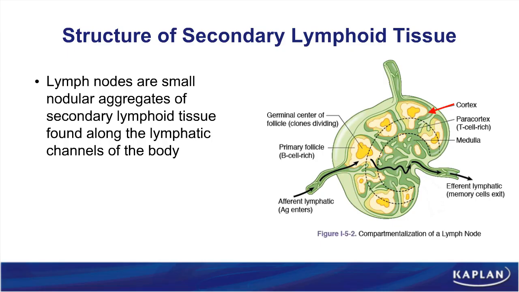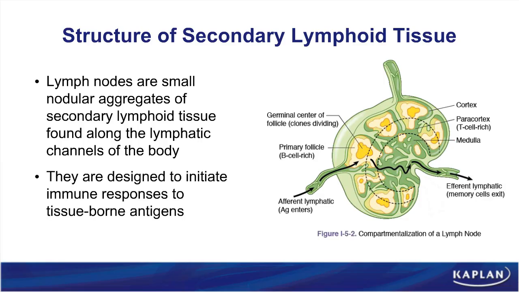Right next to the cortex is the paracortex, where we're going to find most of our T cells. And then we find the medullary area, where we are going to find our activated cells and our memory cells prior to their descent into the lymphatics to begin to protect the rest of the body.